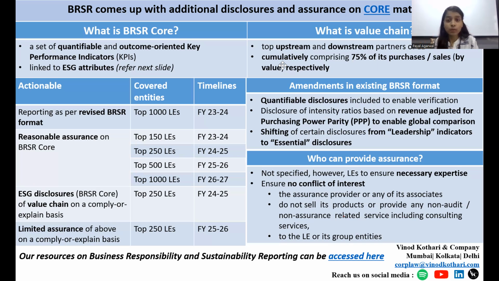So the assurance provider or any of its associates cannot sell its products or provide any non-audit or non-assurance related services, including by way of consulting services, to the listed entity as well as to its group entities. That will be a disqualification to act as an assurance provider for a listed entity.